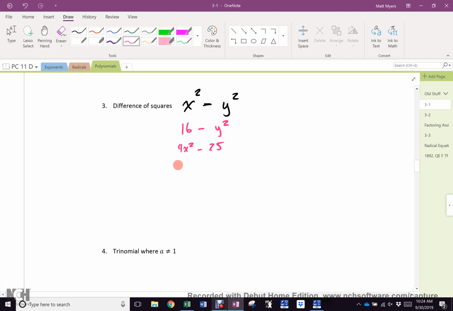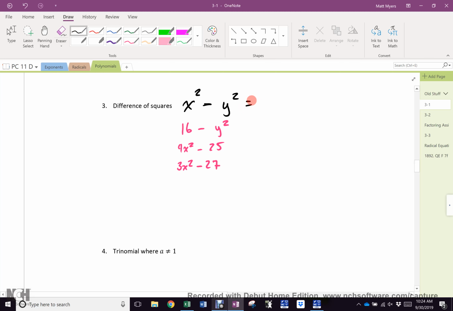Okay, what about this one? Look closer. You can factor it by GCF. I bring out a 3, and then what do I have? X squared minus 9, which is another difference of squares. Everybody cool?